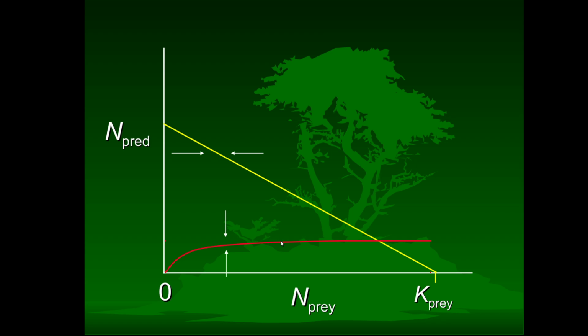So it's prevented from rising to higher levels, then that prevents it from overshooting the equilibrium point where the two isoclines cross. So it's not going to overshoot that equilibrium point. And if the predator population is prevented from overshooting the equilibrium point, then it can no longer oscillate.